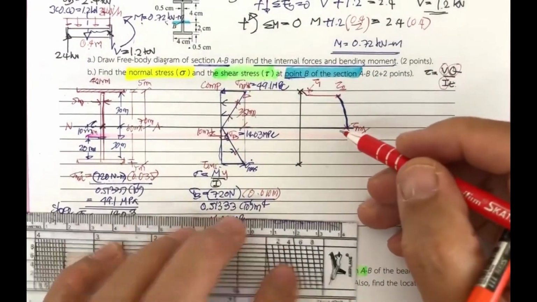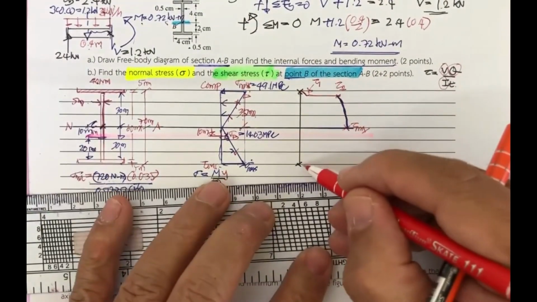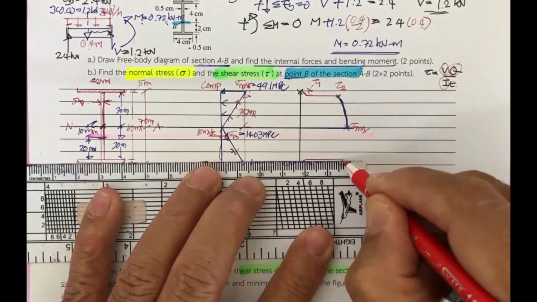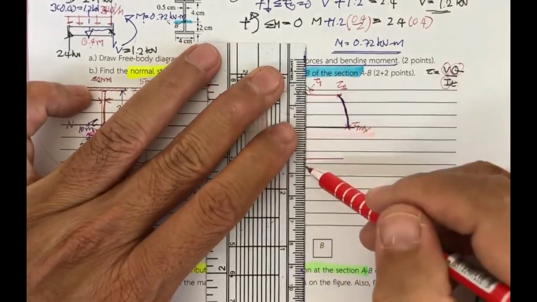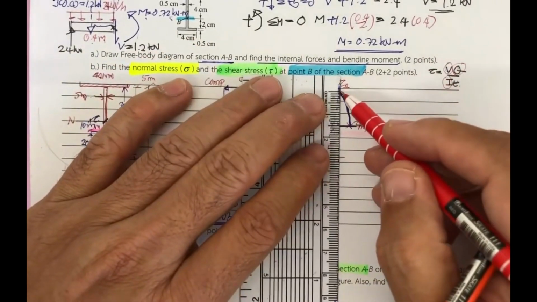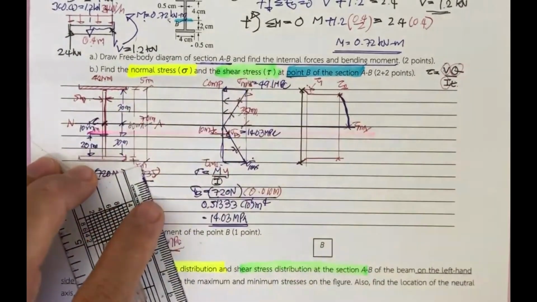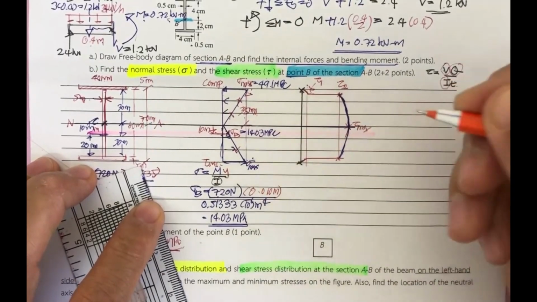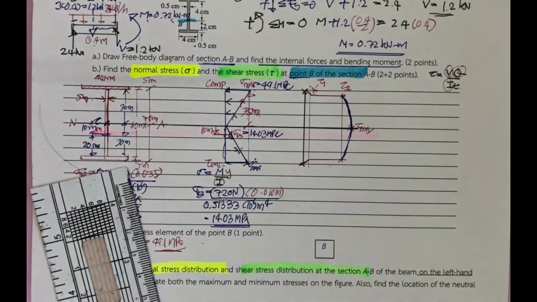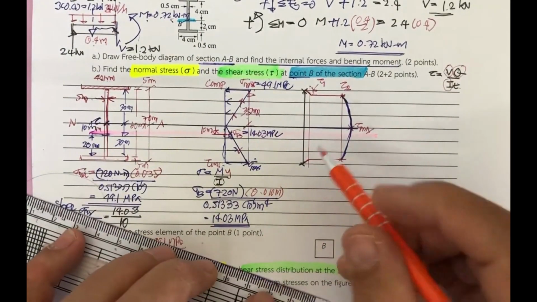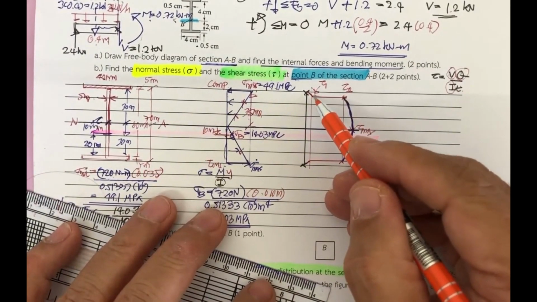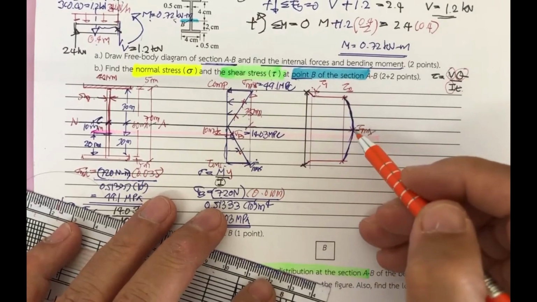Again, due to the symmetry of the section, the stress distribution on the top portion and the bottom portion must be equal. Tau 1 must be equal, tau 2 must be equal, and in the other portion we will have the parabolic curve. For the shear stress distribution on this section, we have to determine tau sub 1, tau sub 2, and tau max.